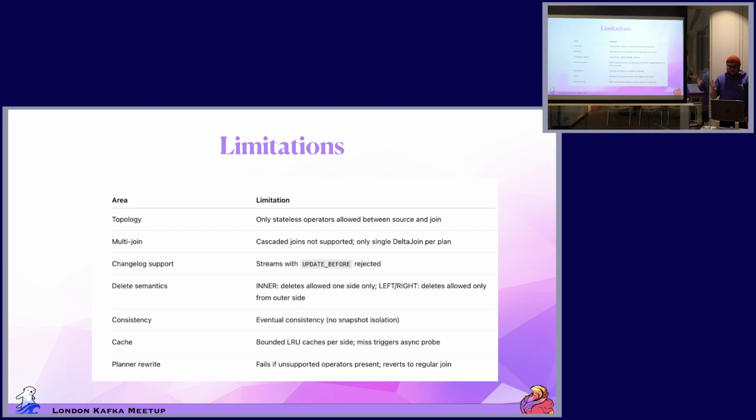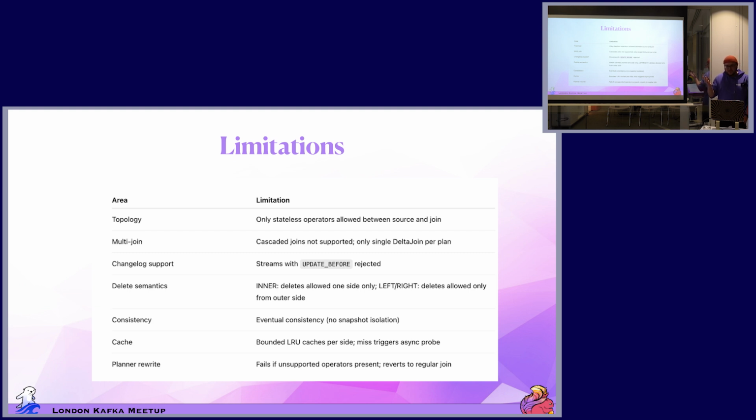So that's a limitation. Changelog support, streams with update before are rejected, because when you write to Fluss, you get the aggregated state in your key value table, so you don't know what was deleted and whatever. So update before is right now just rejected, and if you have update before semantics in your changelogs, then there is a warning that says, okay, Flink DeltaJoin cannot be used here, so the same stateful stream-to-stream join is used.